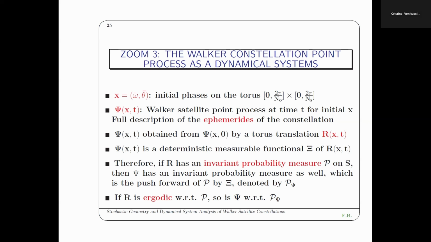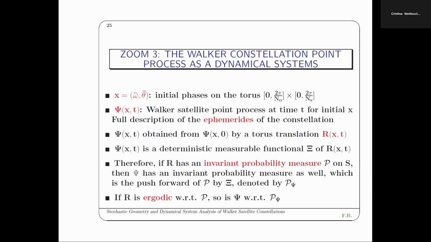You add time, right? So you have this thing with these offsets. And what happens? Earth rotates, and the satellites rotate at a constant speed on their orbits, right? And so there is a basic dynamical system, which I call R, which lives on the torus, which gives the angle of the first orbit on the equator, and the offset of the first satellite on each of the orbits.